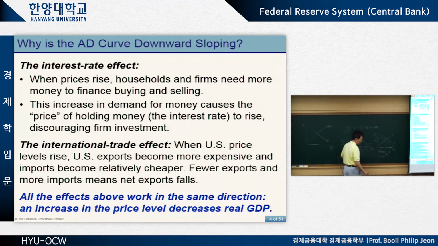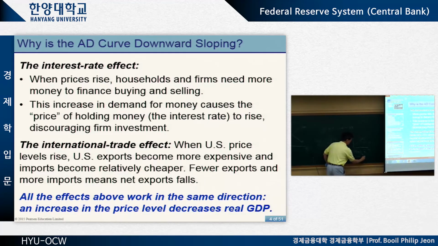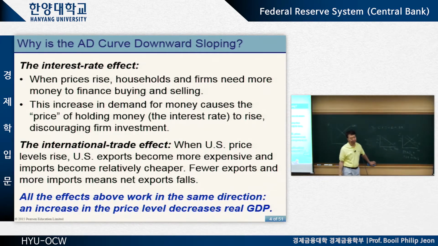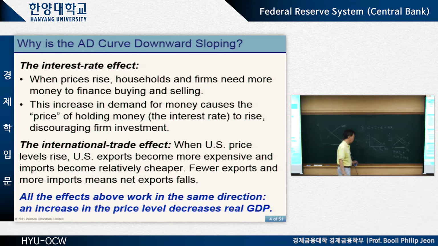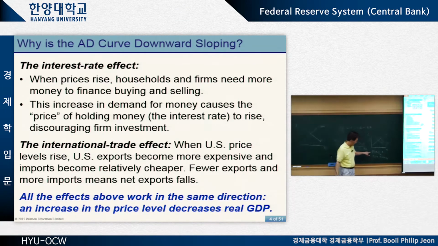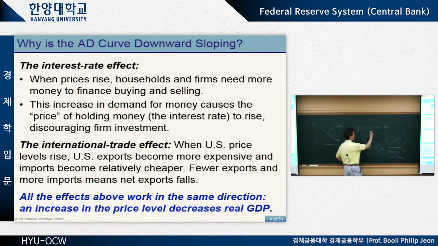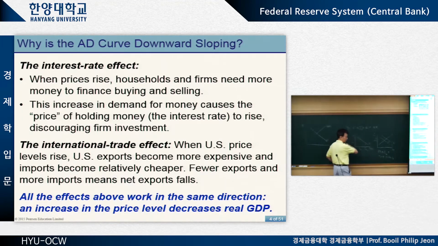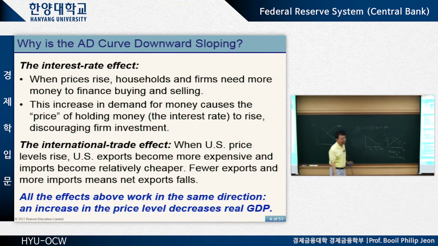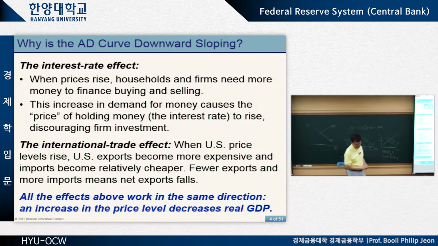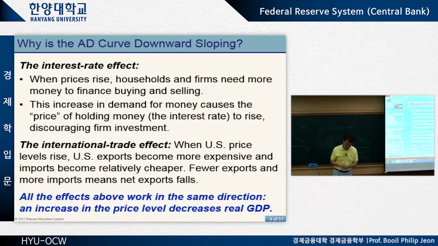And when the interest rate is higher, investment demand will decrease. So we have this inverse relationship between the price and investment demand. So the second component of aggregate demand is investment. That explains the downward sloping aggregate demand curve.